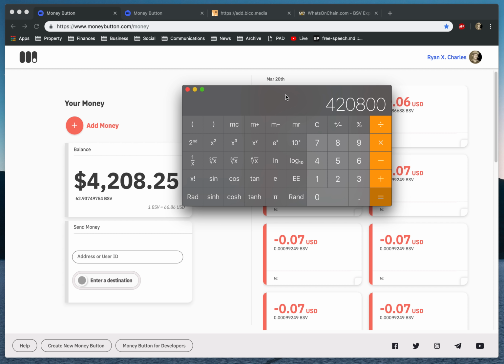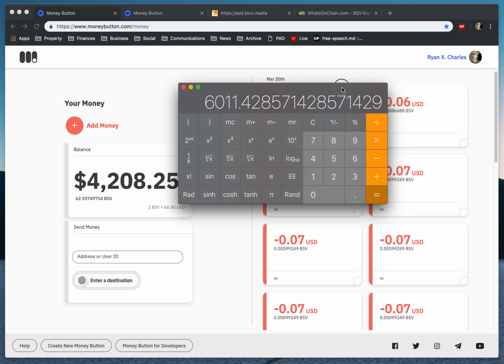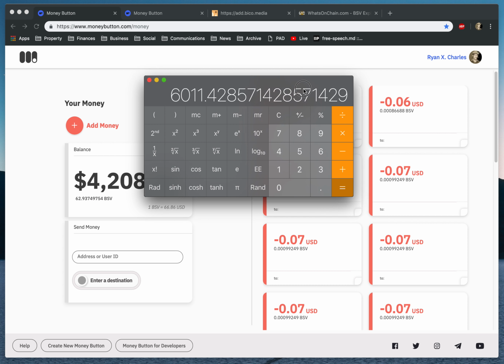If I divide that by about 7 cents, this tells me how many 100 kilobytes I can upload. If I want that in megabytes, then I need to divide that by 10. And if I did that correctly, that's about 6,000 megabytes. So I could upload 6 gigabytes if I wanted to with this large balance, and that would spend my entire balance.